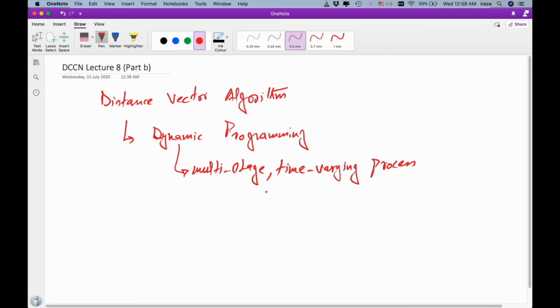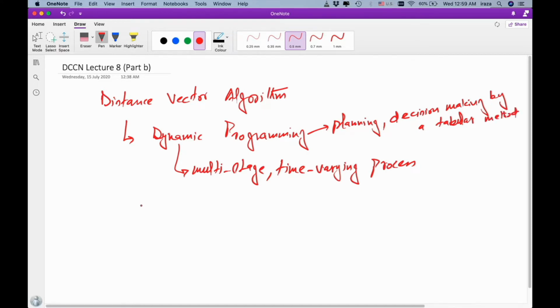And programming, obviously you're familiar, means planning, or we can say decision making. Decision making by a tabular method, specifically if we talk about this distance vector algorithm, by a tabular method.